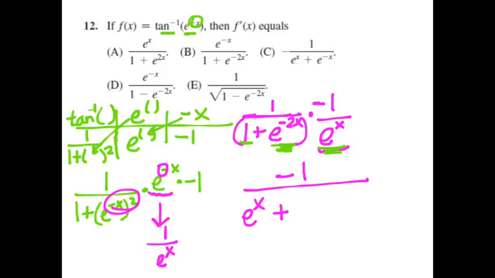So here I'm multiplying like bases, which means I want to add my exponents. And negative 2x plus x gives me negative 1x. So I've got e to the negative x, or the negative 1x if you want to write that. And now if I look up at my answer choices, it looks like my answer here matches answer choice C.